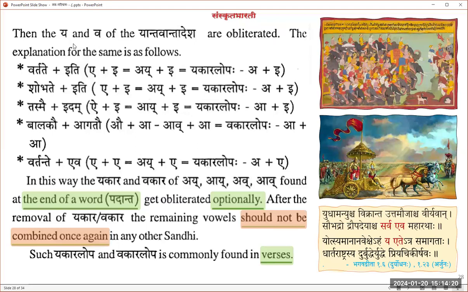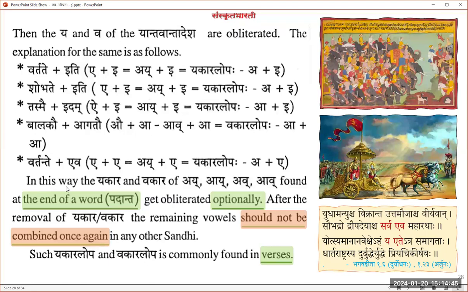I wish they correctly show the halanta everywhere. Okay, y and v of yanta desha are obliterated. The explanation for the same is as follows. Vartate iti, e plus i, ai plus i, yalopa, a plus i, and so on and so forth. We saw it almost in place, everything. Okay, they have explained it here nicely. So you guys can review it later.